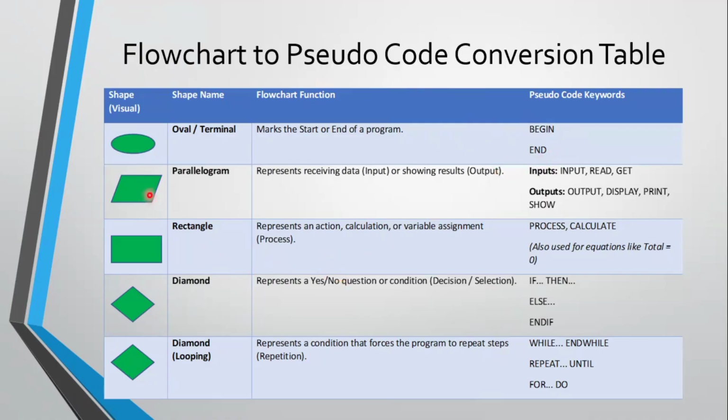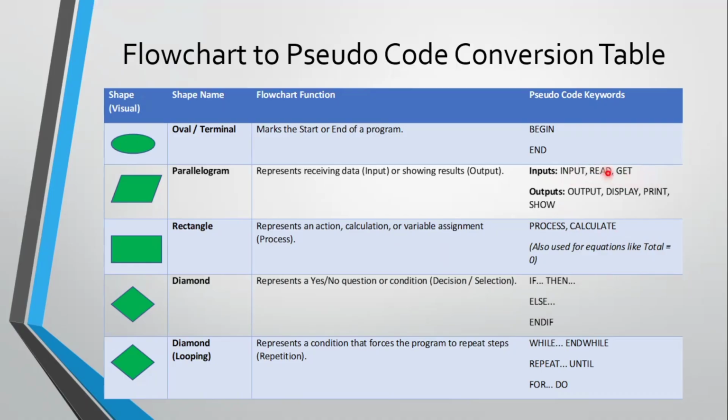So here is a parallelogram, right? Think of the parallelogram as the communication shape. It is used whenever the computer talks to the outside world. If it is bringing data into the computer, use words like input, read and get.